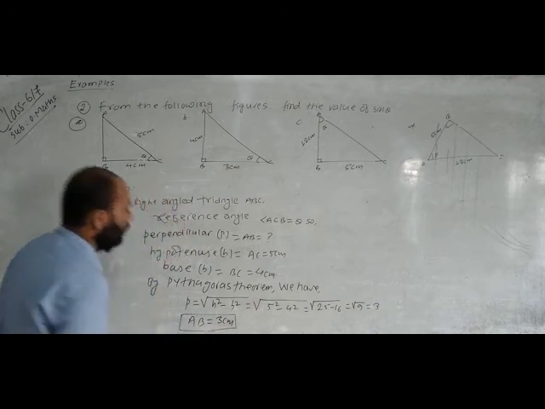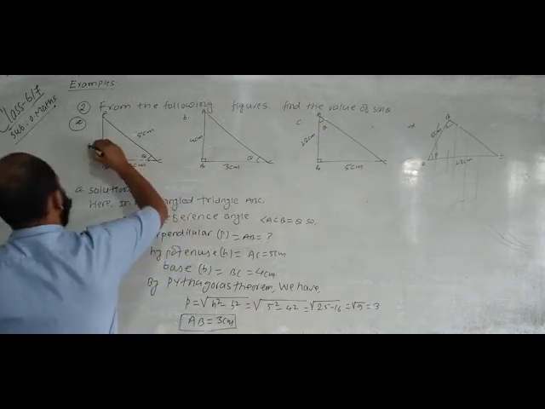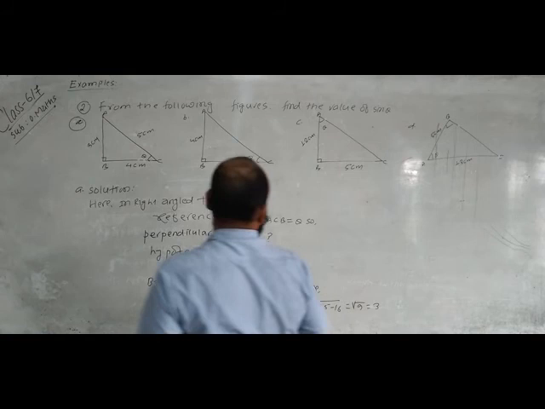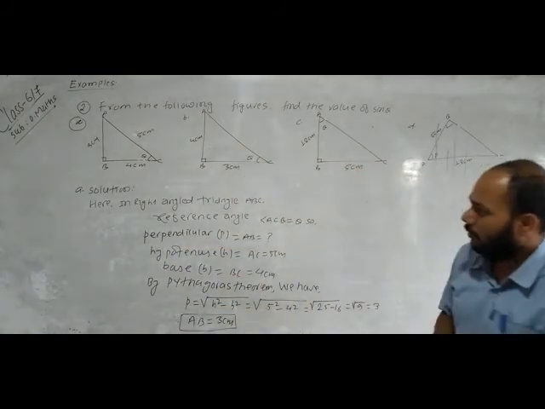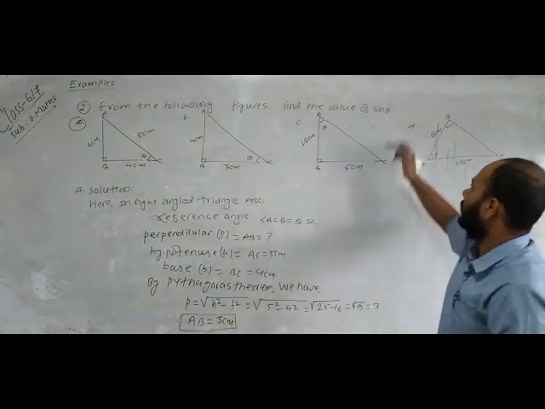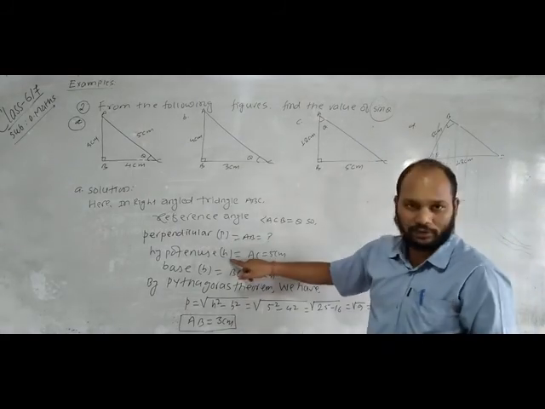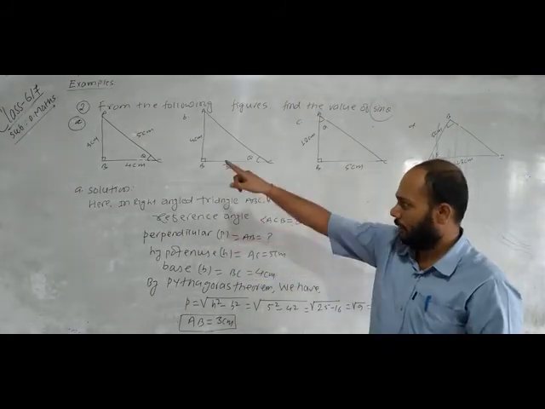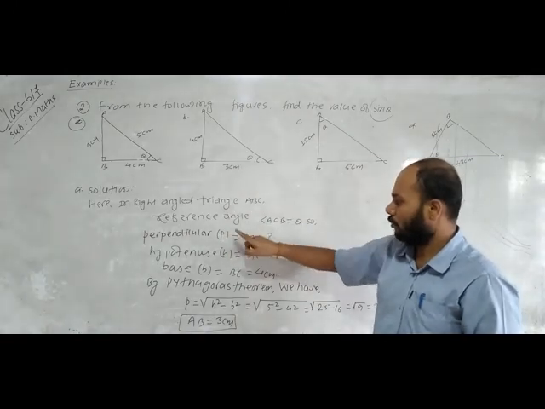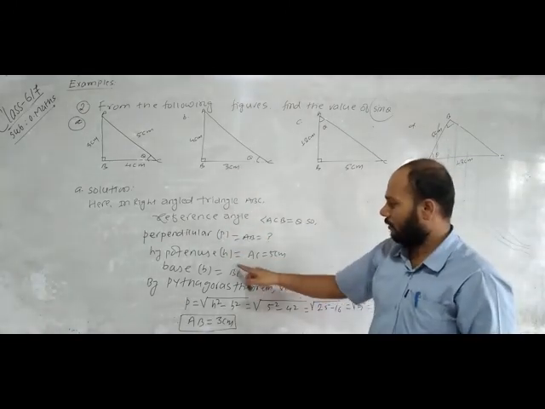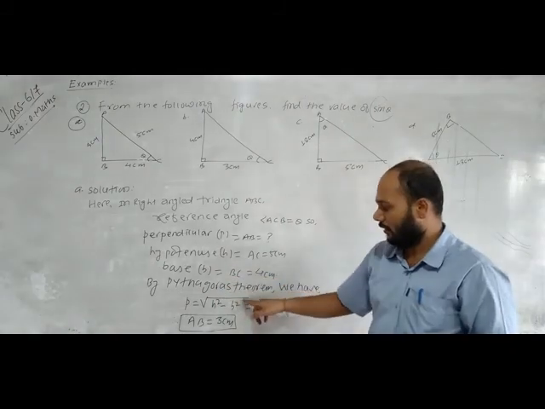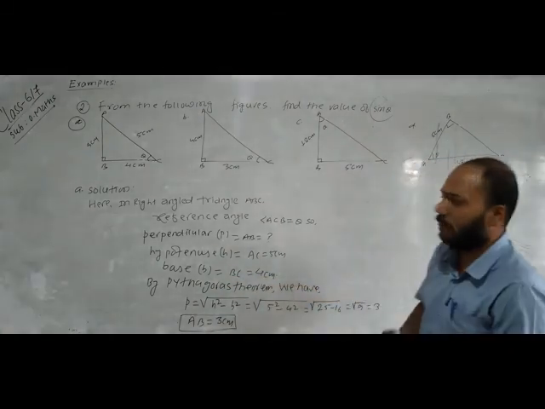And now to find sin theta, we need the perpendicular and hypotenuse. The perpendicular was not given, it was unknown, so you should find the perpendicular by using the Pythagoras theorem, same as example number 1.